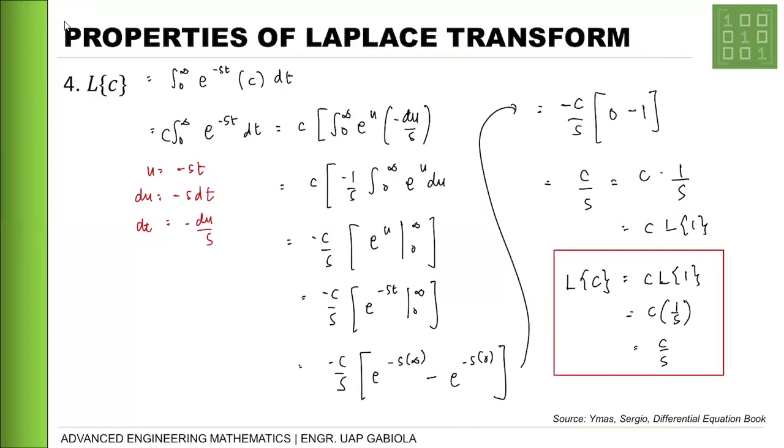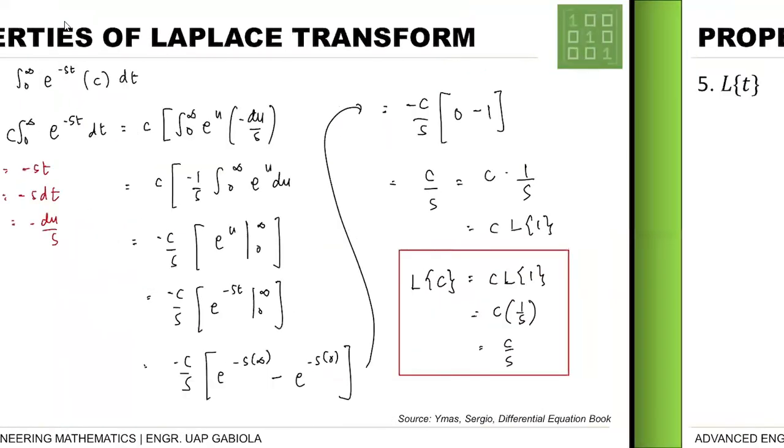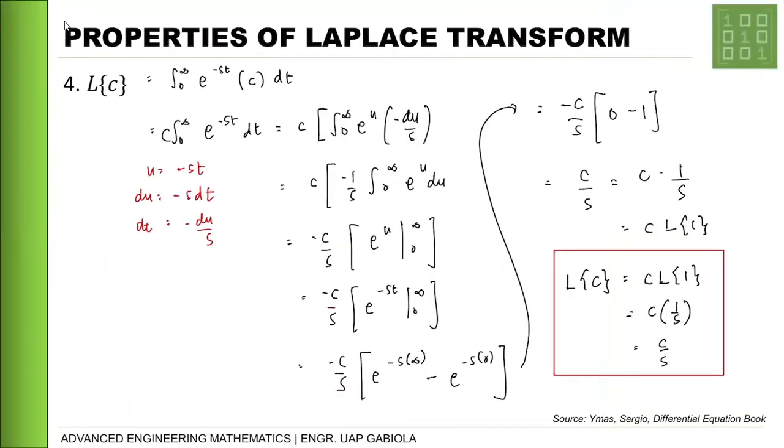Okay? So, let's try that to an example. So, okay? Let's say, halimbawa, Laplace of 4, no? What will be the value of that? So, dapat C over s. So, lagay mo lang 4 over s. Okay? So, halimbawa, Laplace transform of 4/3. Okay?